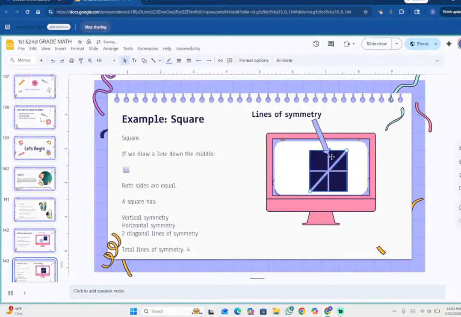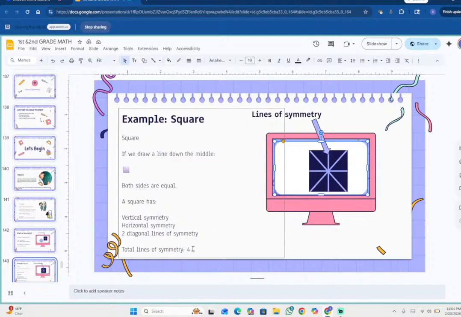So there's one diagonal, and here's the other diagonal. So vertical, horizontal, and diagonal. So in total, we have 4 lines of symmetry. One going horizontal, one going vertical, and 2 going diagonal.